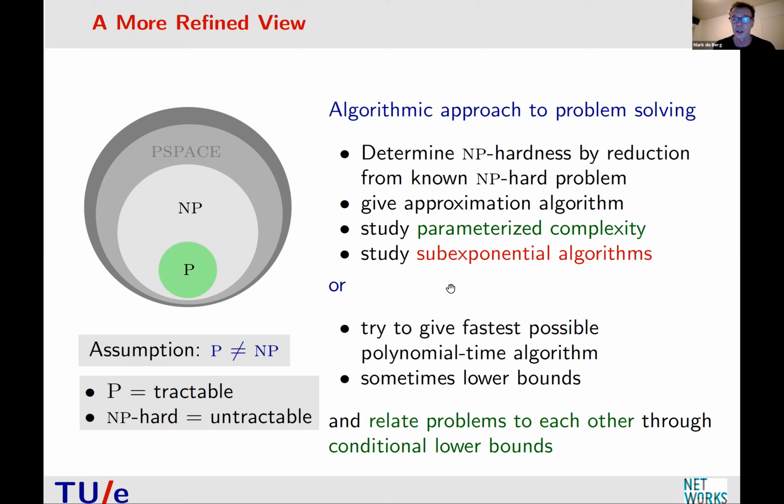So you get conditional lower bounds. And of course, we're kind of used to conditional lower bounds anyway, because my statement that NP hard problems cannot be solved in polynomial time is of course conditional on the statement that P is not equal to NP.